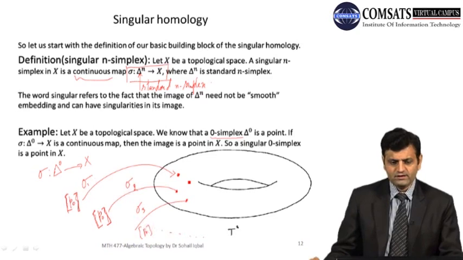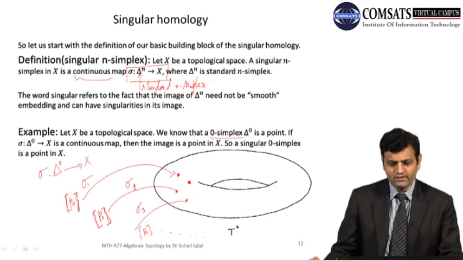Because in simplicial homology the zero simplexes were always finite. If I want to write down the free abelian group generated by zero simplexes in simplicial homology, it was possible. But now you can see that these continuous functions are infinitely many.